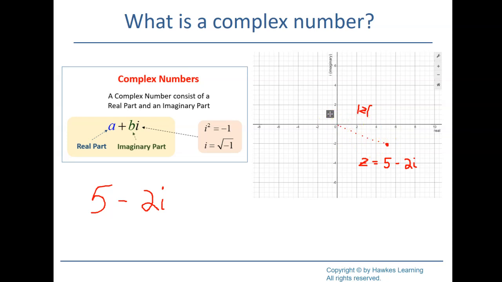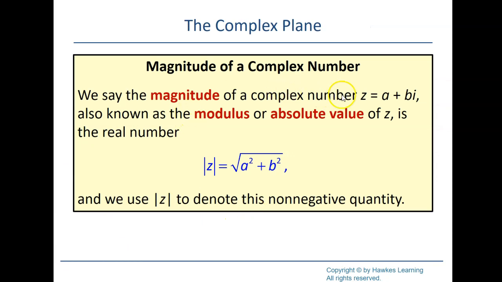And notice we get the Pythagorean theorem here, right? We get a right triangle. And the sides of that right triangle, this is -2, or in absolute value 2, and this is 5, and we'll be able to use the Pythagorean theorem to come up with the magnitude of this number. Alright, so the magnitude, just like we said, we square the a part, we square the b part, and then we take the square root.